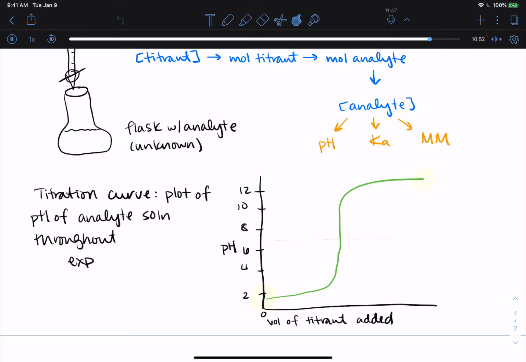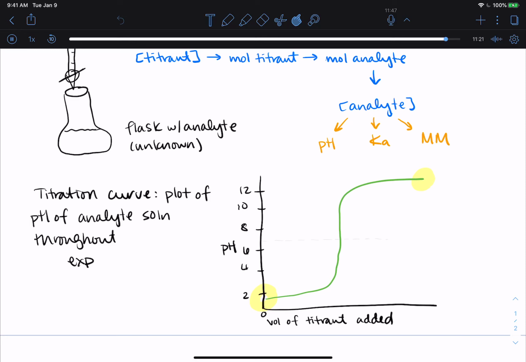this gives me so much information. We'll talk about the specific types of information in the middle of the curve, but hopefully one of the first things that you can pick out from this titration curve is that my starting material was an acid, right? My pH started out super low, and my titrant must be a base because my pH became more basic throughout.